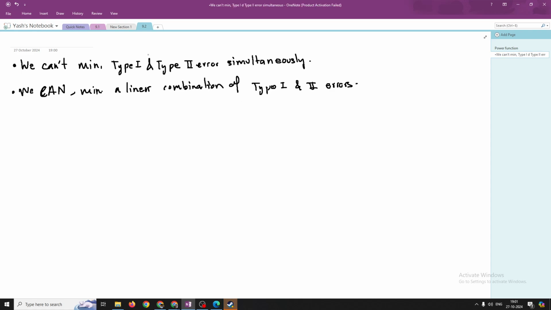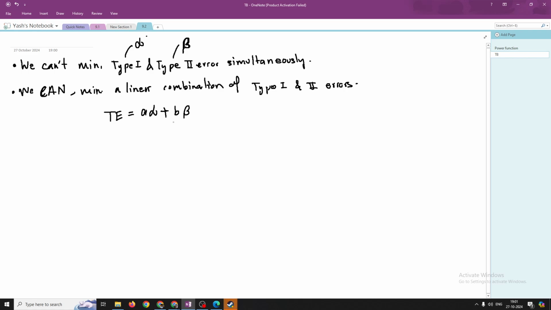We generally denote type 1 error as alpha and type 2 error as beta. So it says that I cannot minimize alpha and beta simultaneously. Unfortunately, I cannot do that. What I can do is take, let's say, a times alpha plus b times beta. Let's say this is my total error, though there is nothing called total error.